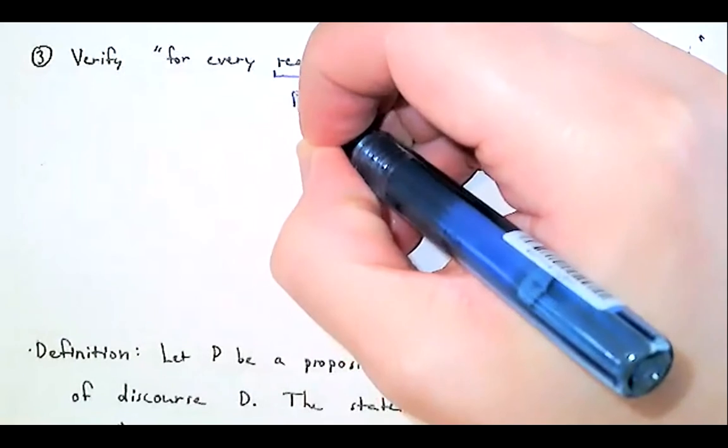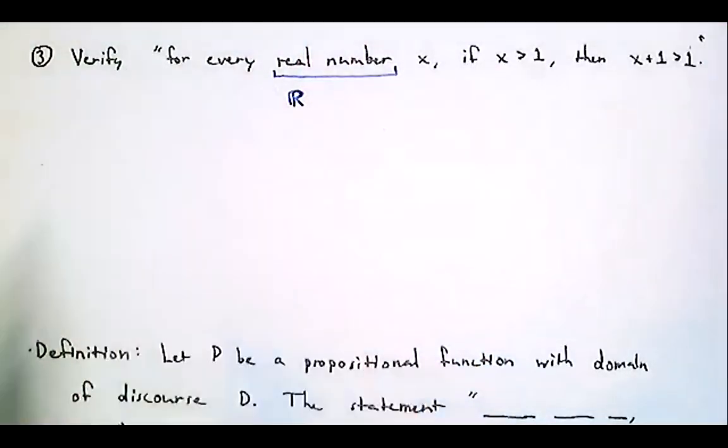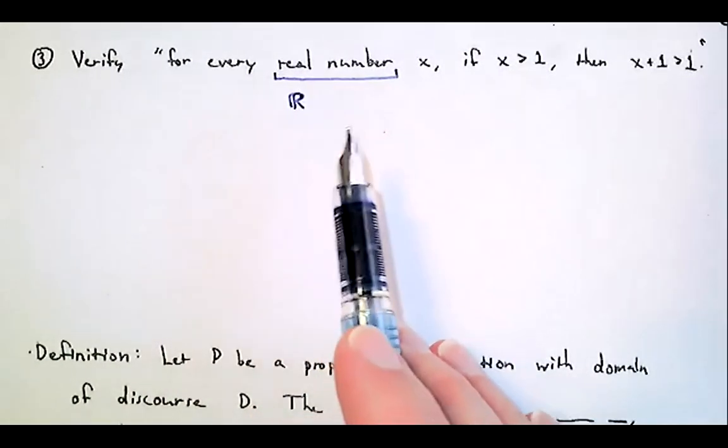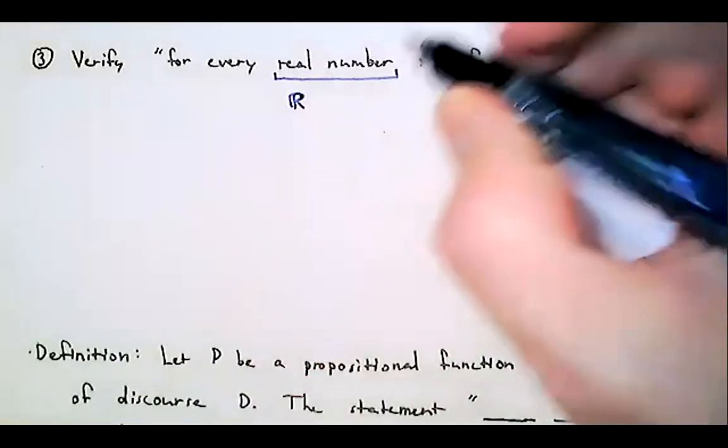So it is a true proposition, which it should be since I'm asking you to verify it. But we need to be a little bit careful with this one because here our domain of discourse is the set of all real numbers.